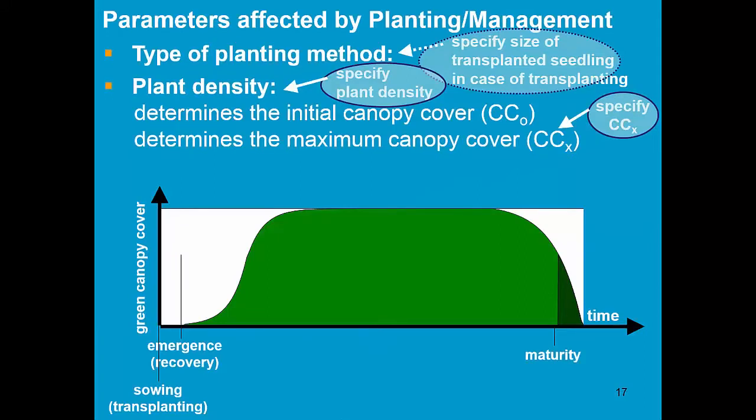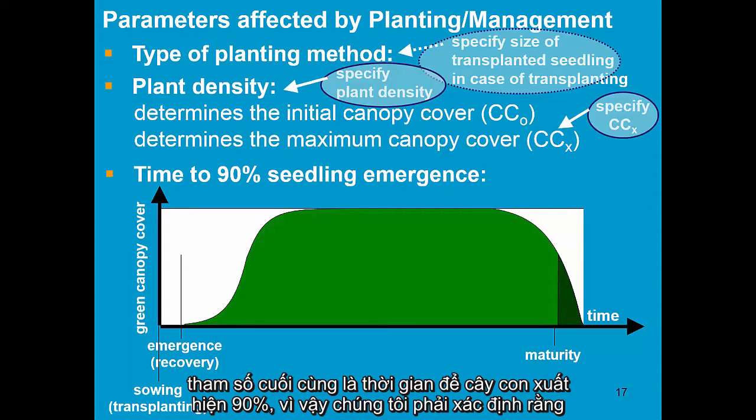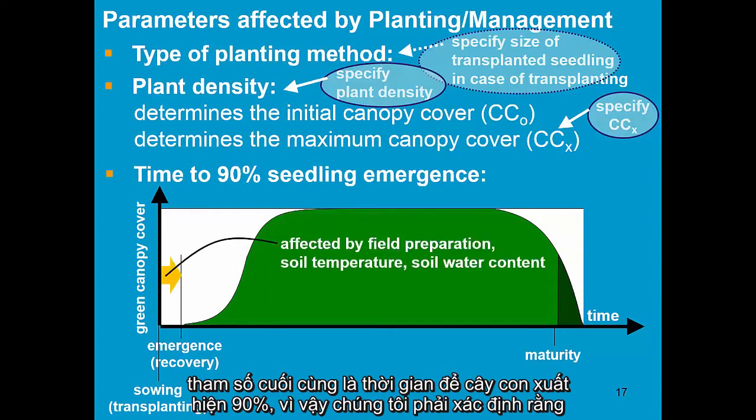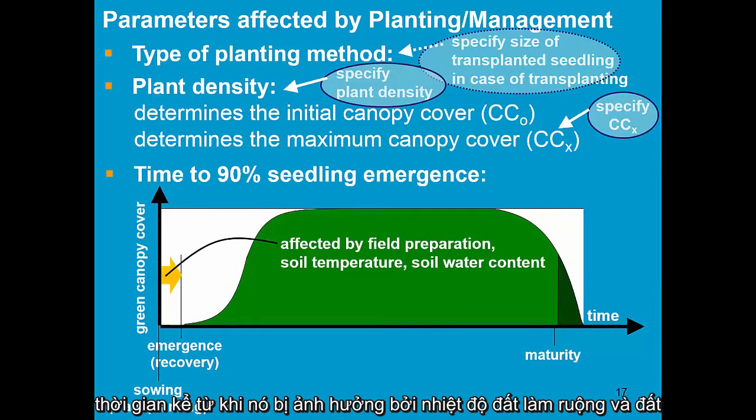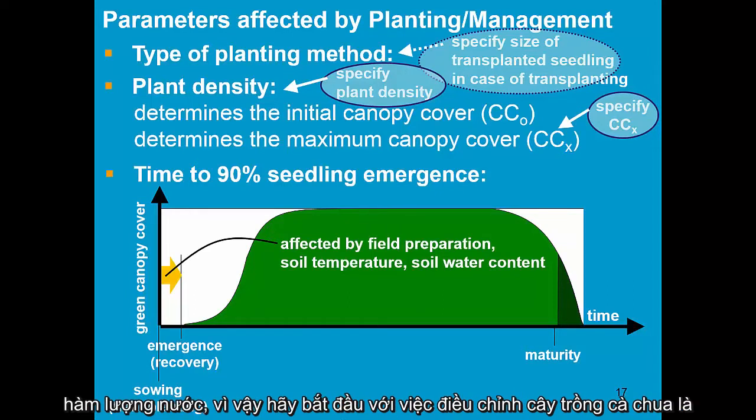The final parameter affected by planting and management is the time to 90% seedling emergence. So we have to specify that time, since it is affected by field preparation, soil temperature and soil water content.